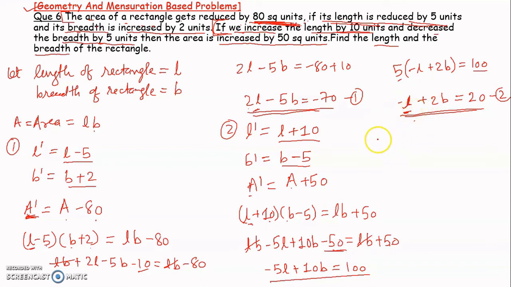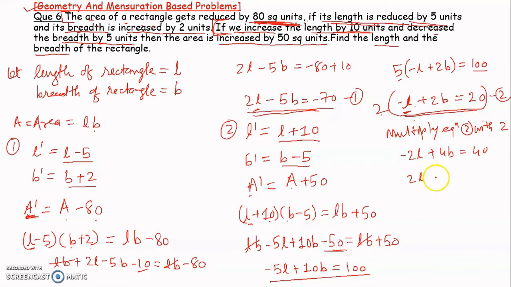The second equation becomes minus 2L plus 4B equal to 40, right? You multiply this equation by 2, so this is minus 2L plus 4B, and 20 times 2 is 40. So this is the second equation, and the first equation is 2L minus 5B equal to minus 70.